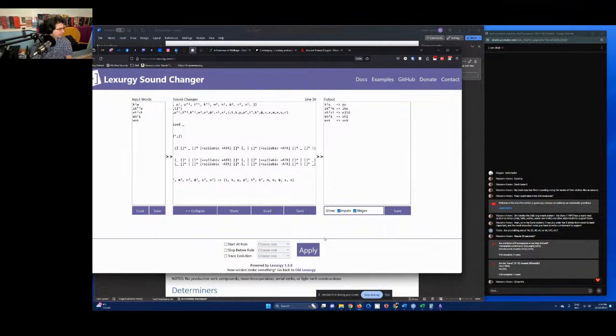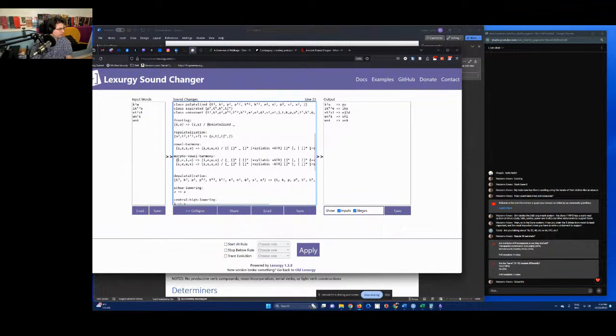No. I'm having a problem with my vowel harmony rule. It's just not applying at all.